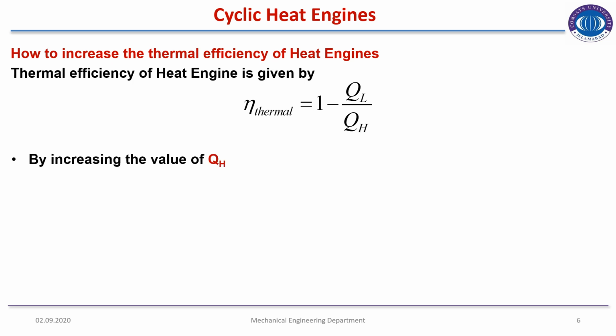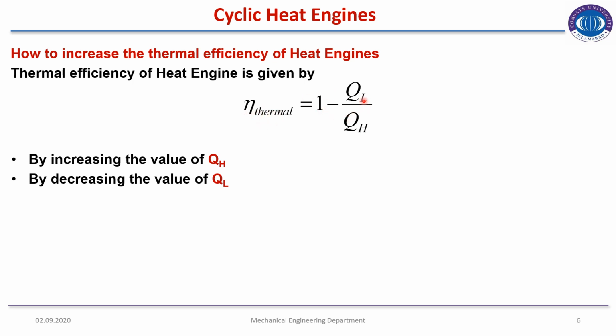So if we want to increase the thermal efficiency of a heat engine, then there are two methods. Number one is by increasing the value of QH. As you can see in this relation, for 100% efficiency the value of eta thermal is 1.